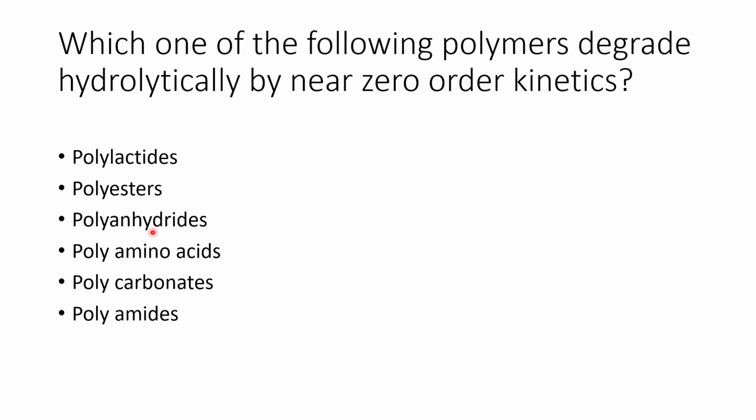Of all these polymers, only one can get very readily cleaved by water and shows near zero order kinetics. That's polyanhydrides. This is the structure of polyanhydrides, a very unstable, low energy bond that's able to be broken by a water molecule.